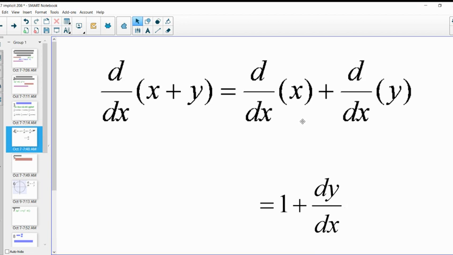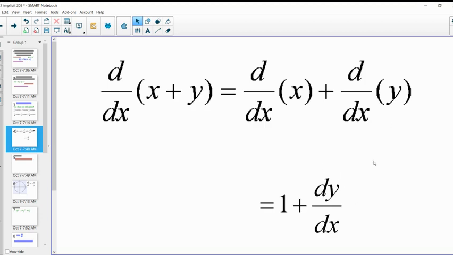Now, dx dx, how fast is x changing in terms of x? The rate of change of x with respect to x is just 1. The rate that x is changing with respect to how fast x is changing, well, it's the same thing. dx dx is just 1. And I'll refer to that a little bit more in just a moment.